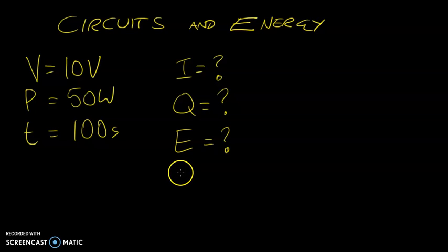So first of all, I'm going to ask you to pause the video right at this moment, go back, have a look through the formulas, and see if you can work out which formulas you can use given the information we have here, and come up with some answers for current in amperes, quantity of charge in coulombs, and energy in joules. How many amps, how many coulombs, how many joules, given these values down the side. So off you go, and when you've come back, play the video again and I'll give you an explanation.